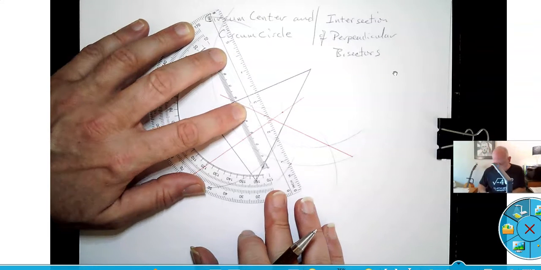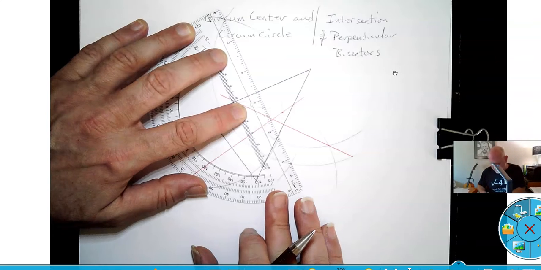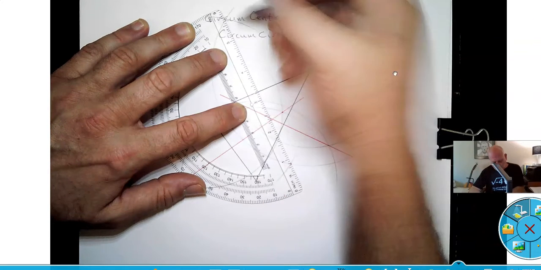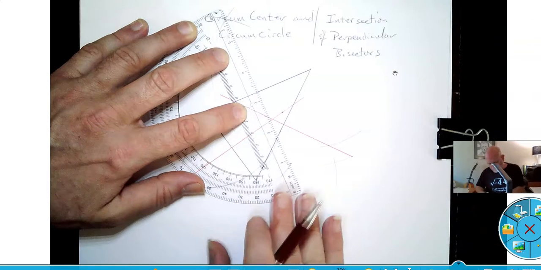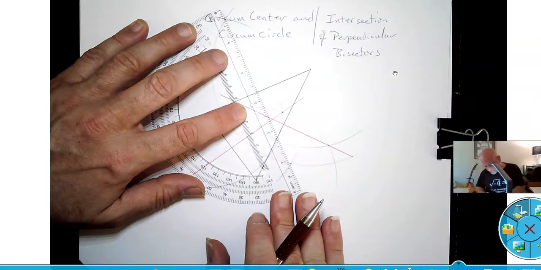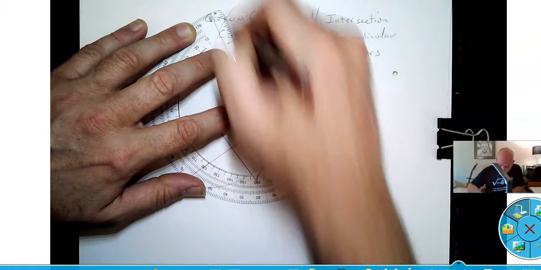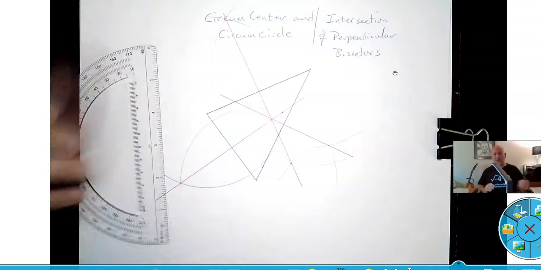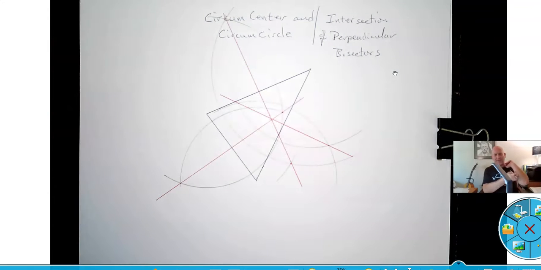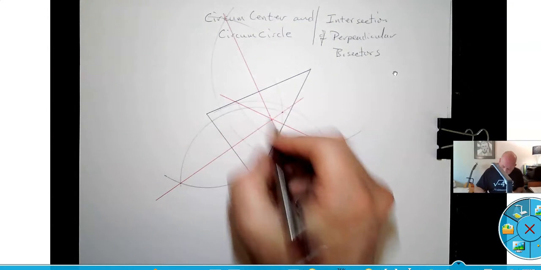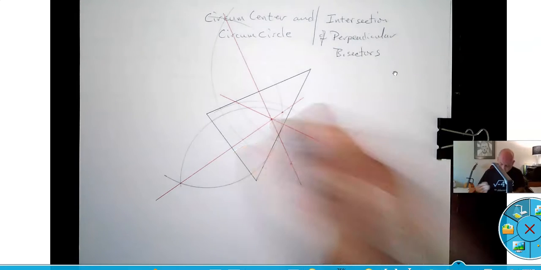Well, that's pretty close. We're in here somewhere. That's too bad. Looks like one of my lines wasn't quite right. It's pretty close. Usually this is what happens to me. It's just very slightly off. There's a tiny triangle here.